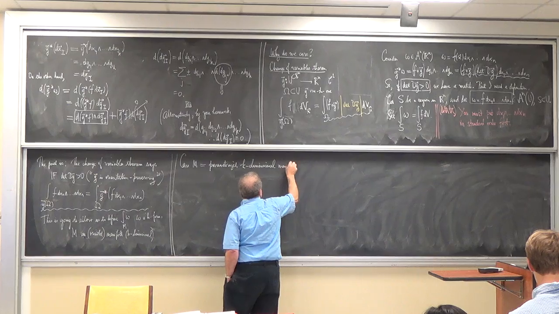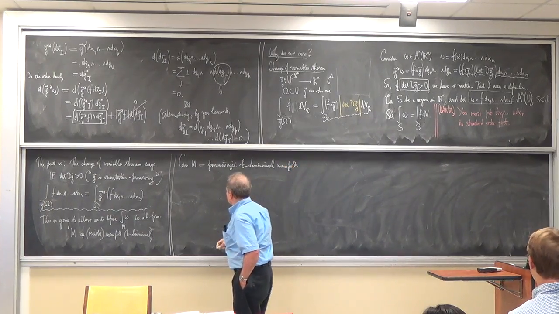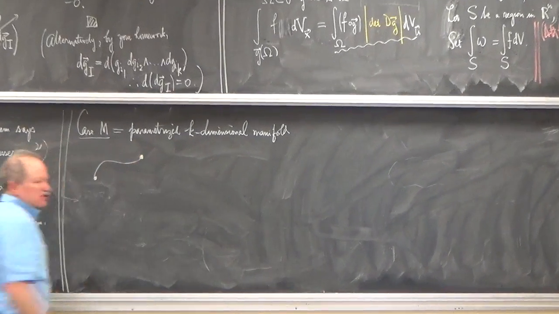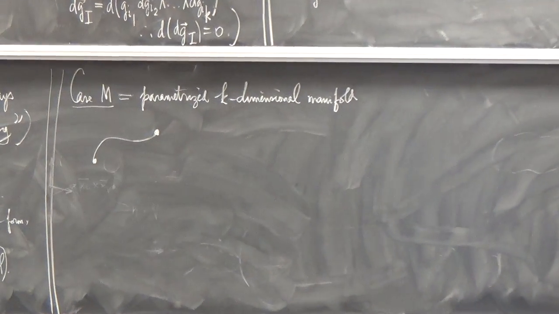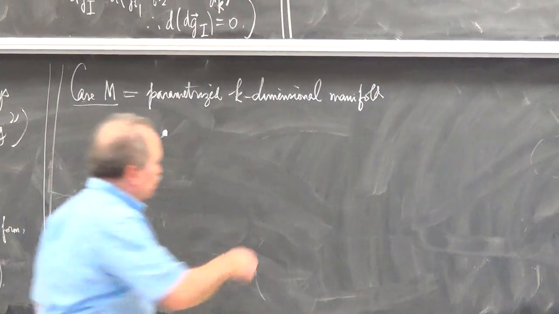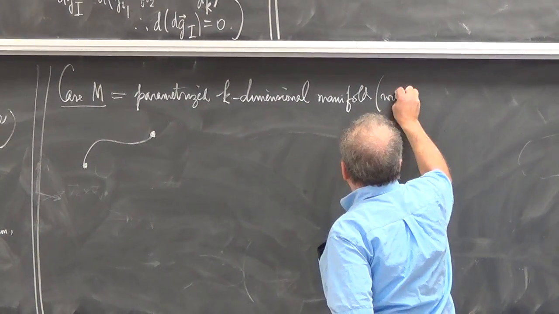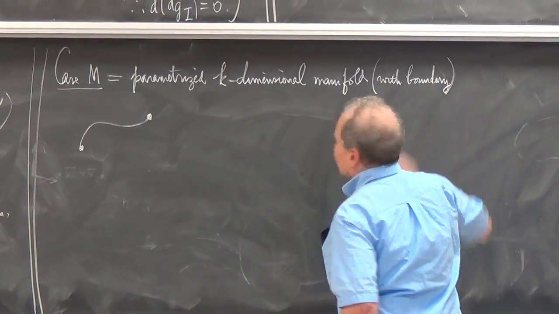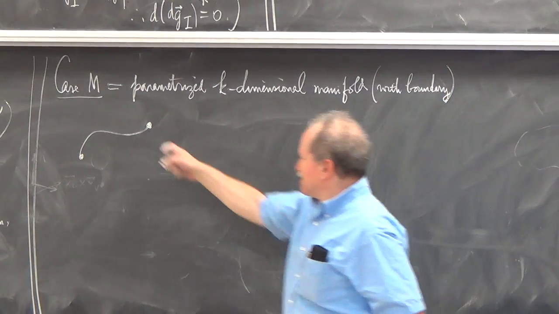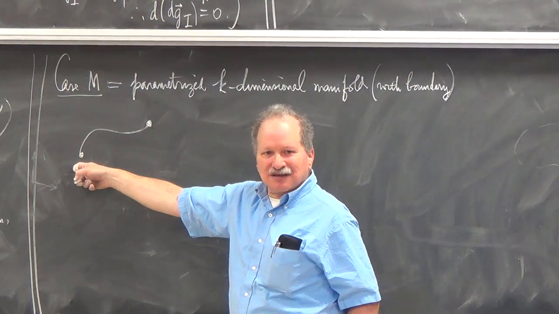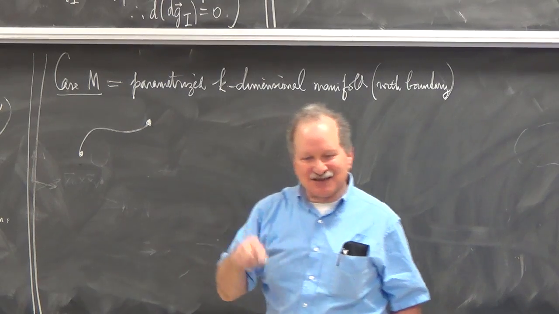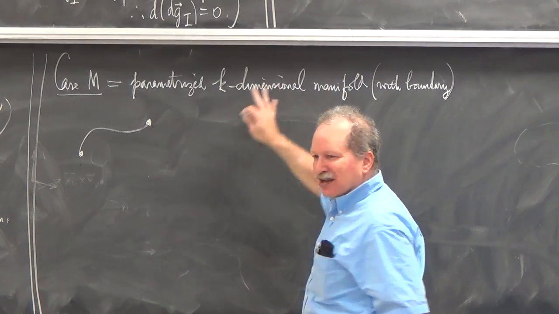For example, you can parameterize a curve that goes from one point to another. And notice that that curve is not officially a manifold because near these points it doesn't look like it has a neighborhood that's parameterized by an open set. So I'm fudging a little bit here.